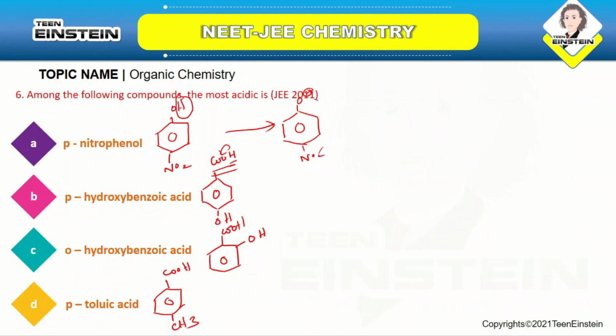Hence it will be more acidic than phenol, because of more resonance structures due to delocalization in the carboxylic acid group. So compared to the phenolic group, option A, para-hydroxybenzoic acid has more acidic strength. Next come to the ortho-hydroxybenzoic acid.